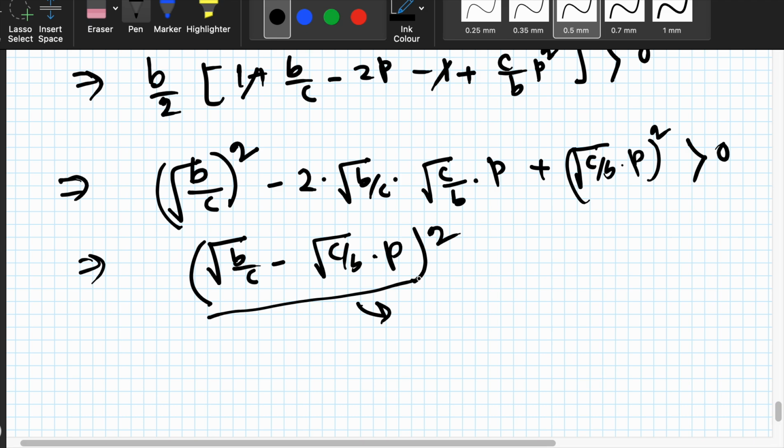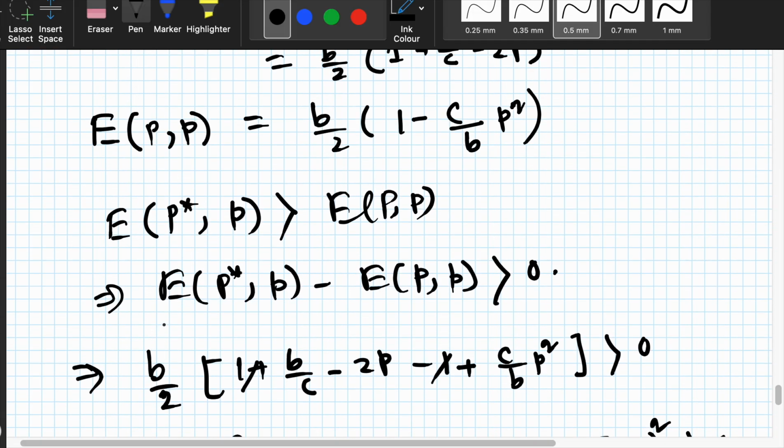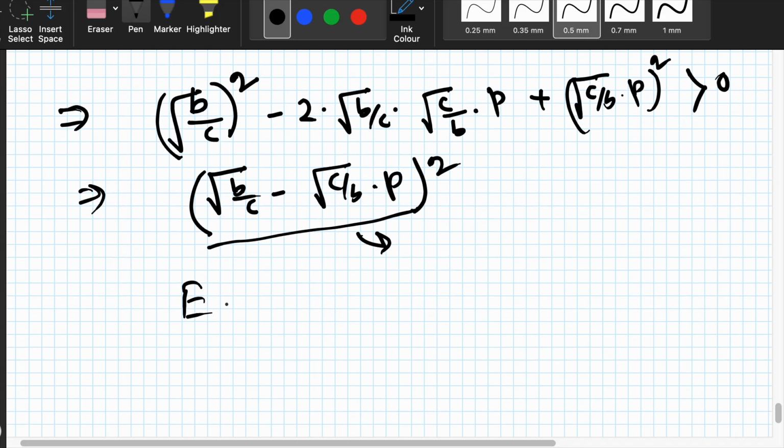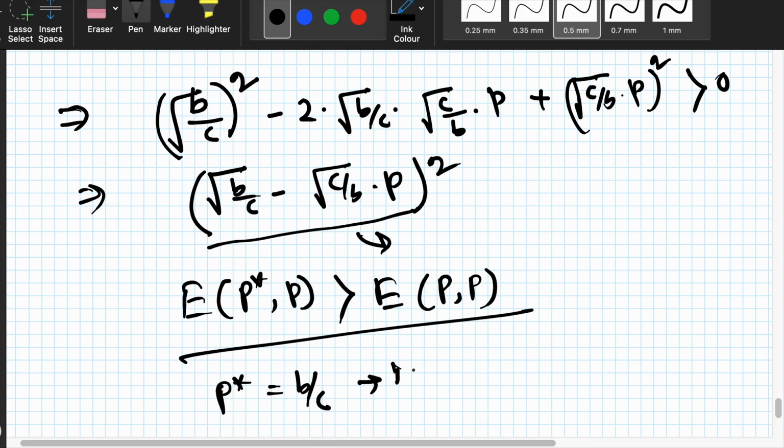So we know that the square of a real number is always positive, so this quantity is positive. Since this quantity is positive, we know that E(p star, p) minus E(p, p) is greater than 0, so that means E(p star, p) is greater than E(p, p), so that means p star equal to b by c is an ESS, yes.